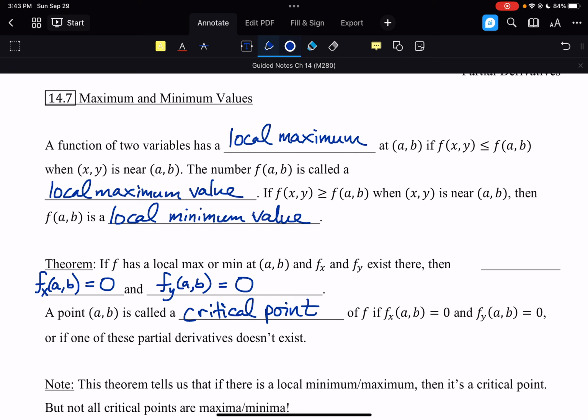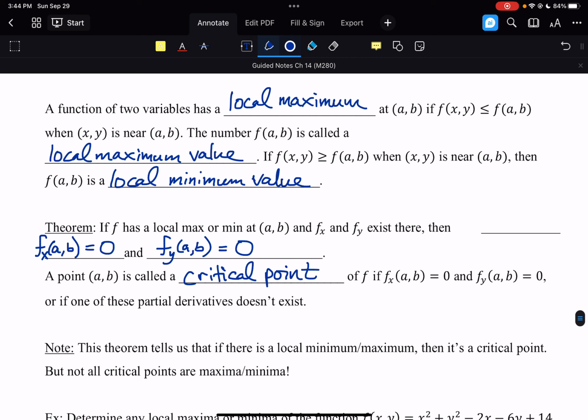So it's a critical point if f_x equals 0 and f_y equals 0 at the point (a, b), or if one of these partials does not exist. Now, just like when we learned this in Calc 1, this theorem tells us that if there is a local max or min, then it's a critical point.